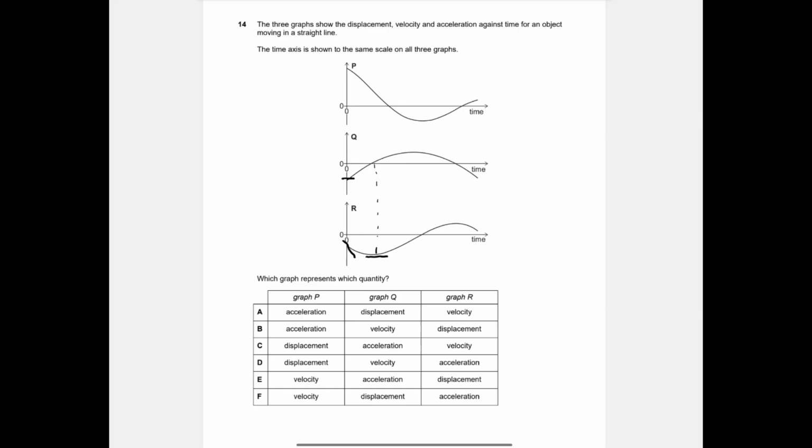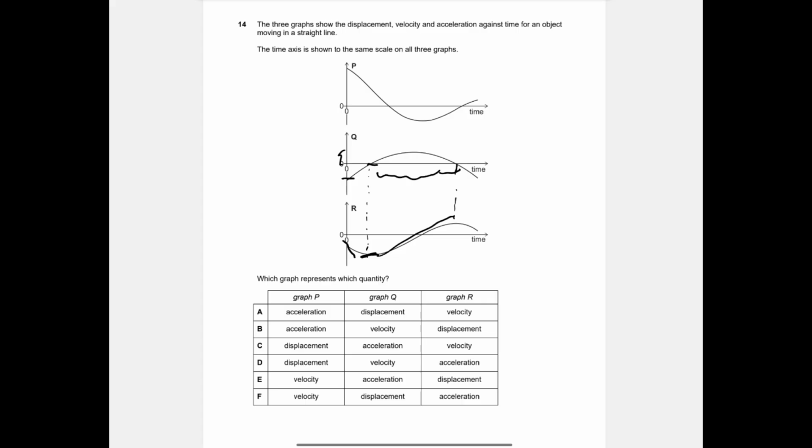When Q goes to zero, R goes to no gradient, and then Q goes positive for all this region, and the gradient of R is positive for all this region.